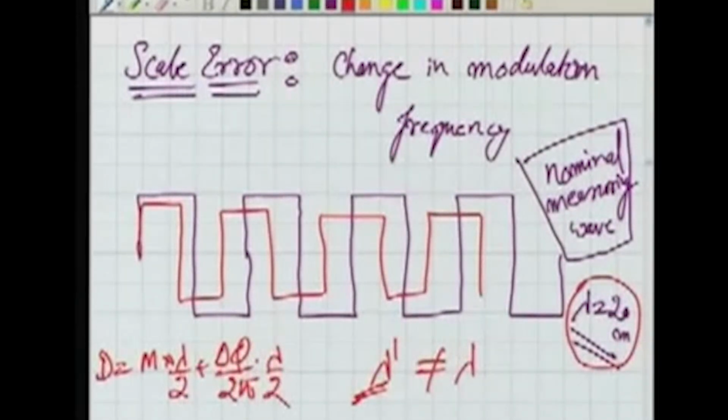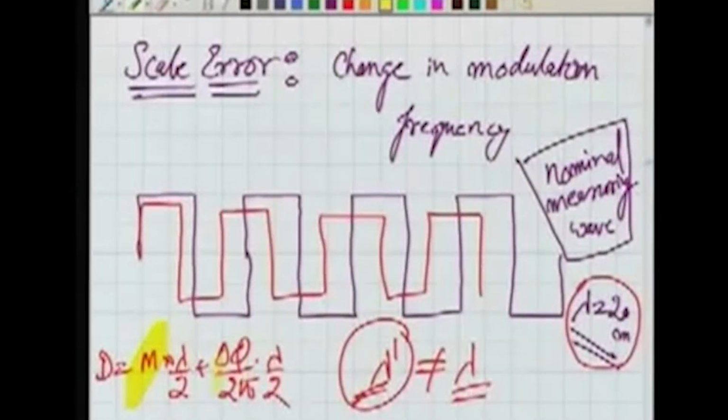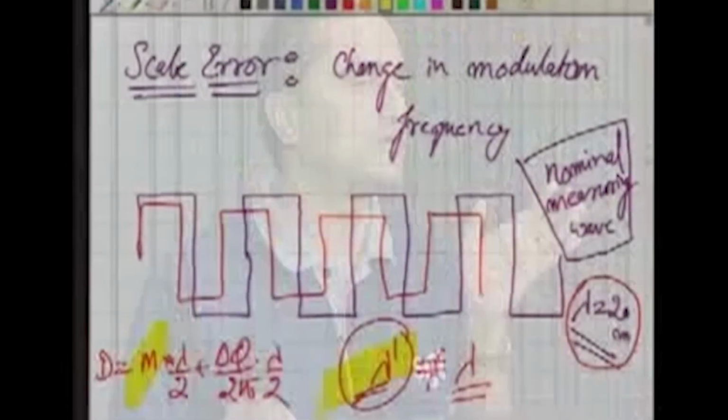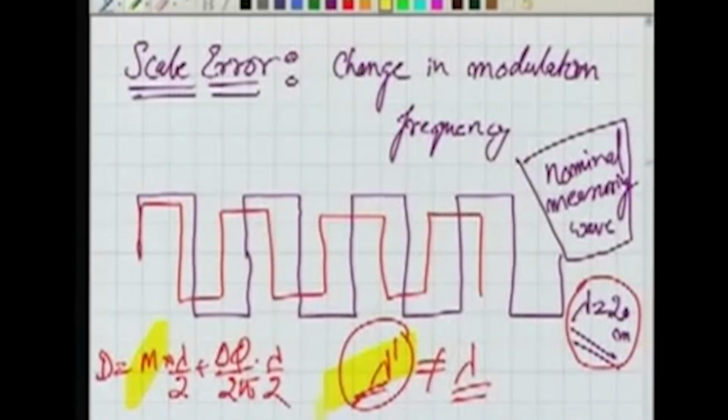In this equation, instead of using lambda, we should use lambda dash, number 1, and number 2, this m will also change. So what is happening here? Because of this different value of the actually fired modulated wave from what the instrument is thinking, there will be some error in the distance measured. Now the question is, can we determine it? Can we apply the correction?